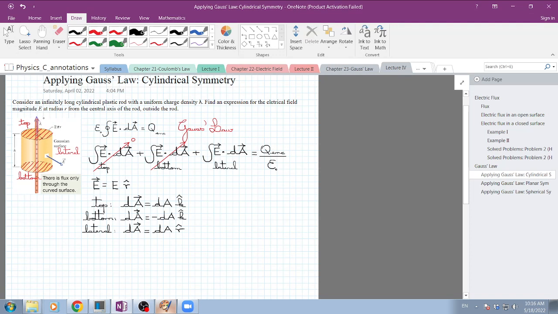I'm calling this positive k hat, and this side is negative k hat for the bottom surface. Clearly you can see the angle between these vectors: you have k hat here and r hat here, and this is 90 degrees, so of course this is going to be zero. You don't have to actually operate the scalar product to realize that.